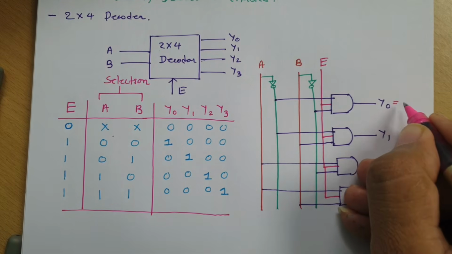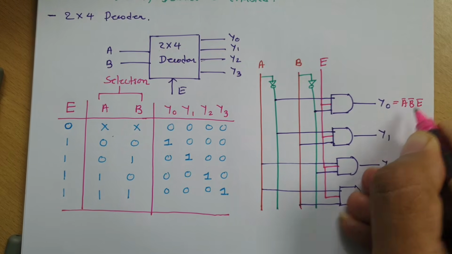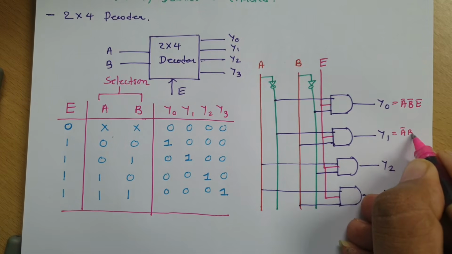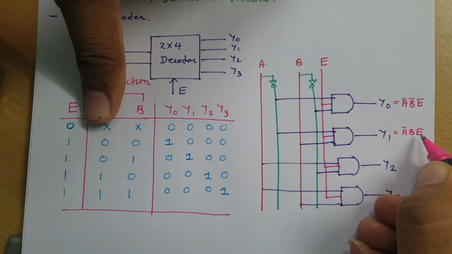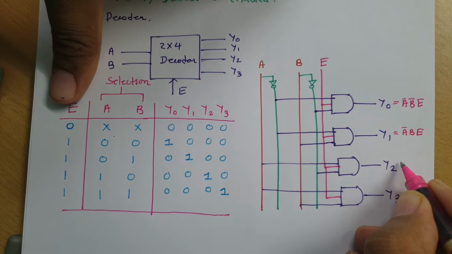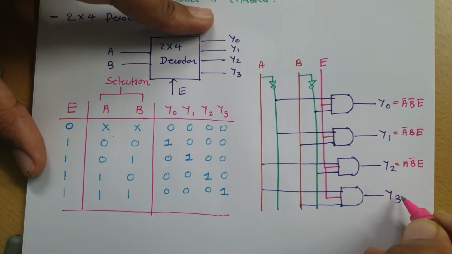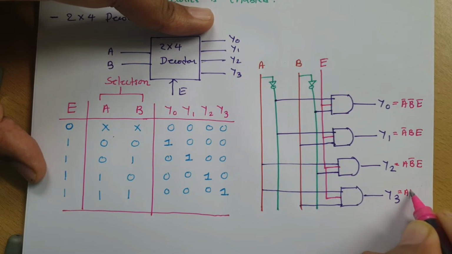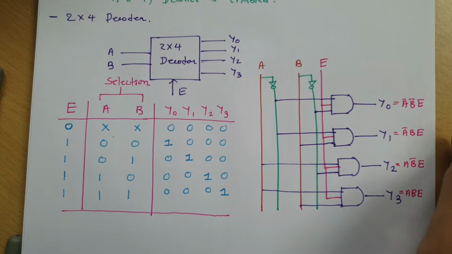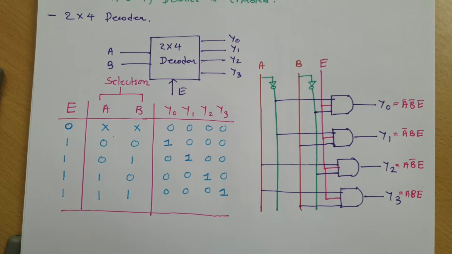So as per this, I can say Y0 is A bar, B bar, E. As per this, Y1 will be A bar, B, E. You see it over here. As per that, Y2 will be A, B bar, E, and as per that Y3 will be A, B, dot E. See, this is how the combinational circuit is there with this decoder, right?